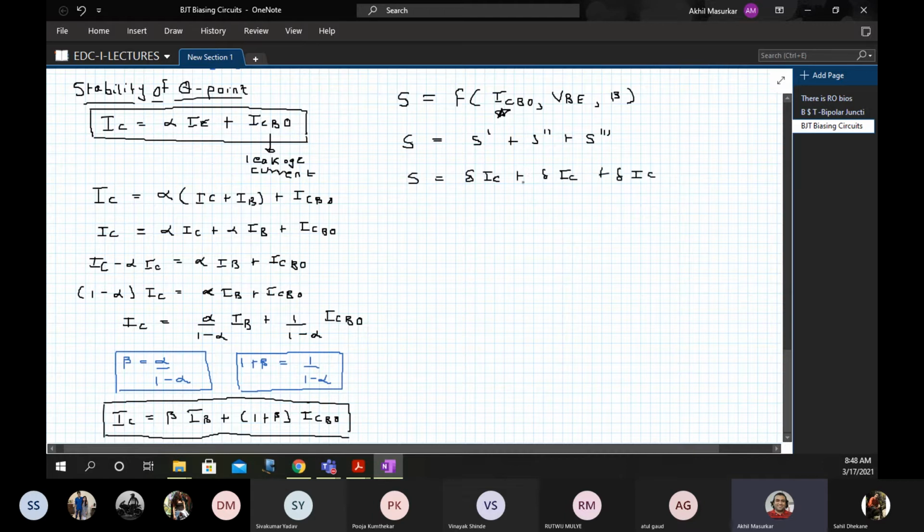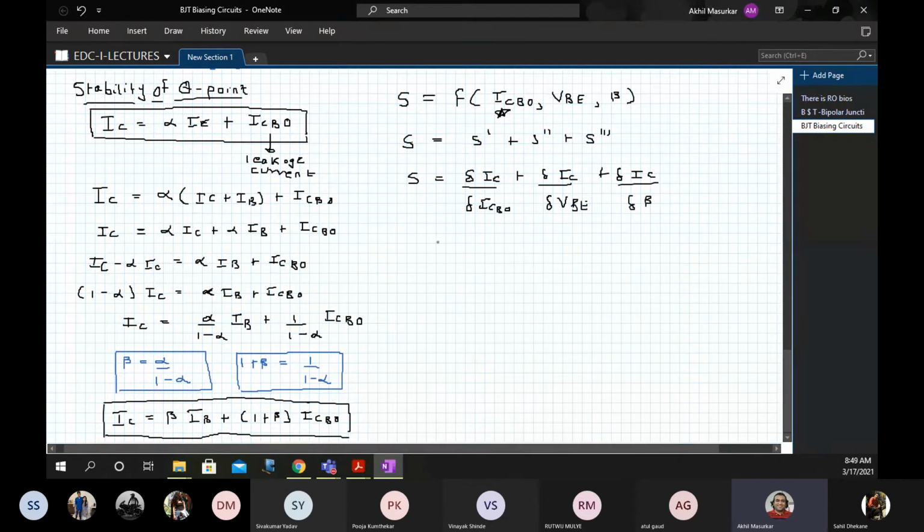Again, change in IC: first with respect to ICBO, second with respect to VBE, and third with respect to beta.